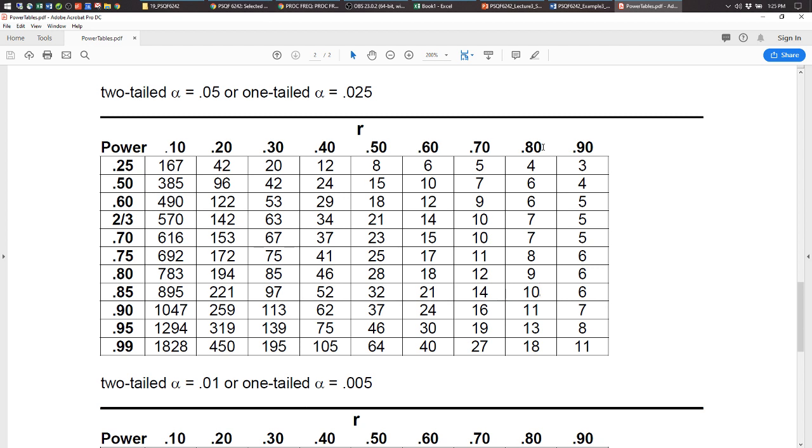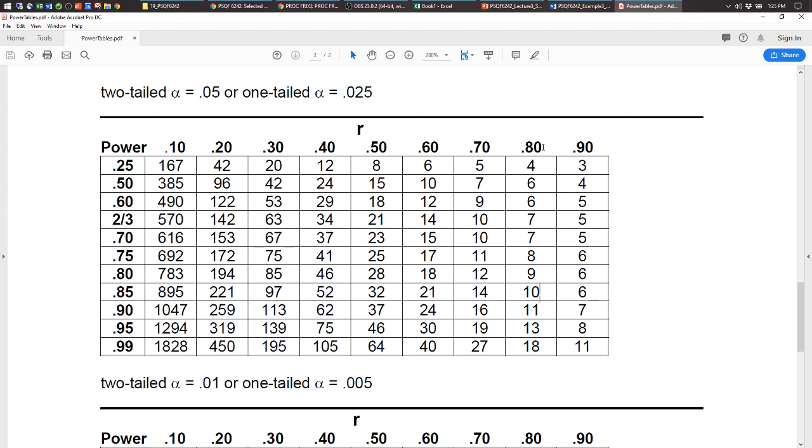But where that information can be helpful is, let's say that you get an R of 0.3. It's not going to be significant. You have no chance of finding R of 0.3 is significant with 10 people. But if you trust your 10 people enough to say that, no, this is what I could expect if I had 100 people, then this gives you a sense of how many more people you need to have a decent chance of rejecting the H0.